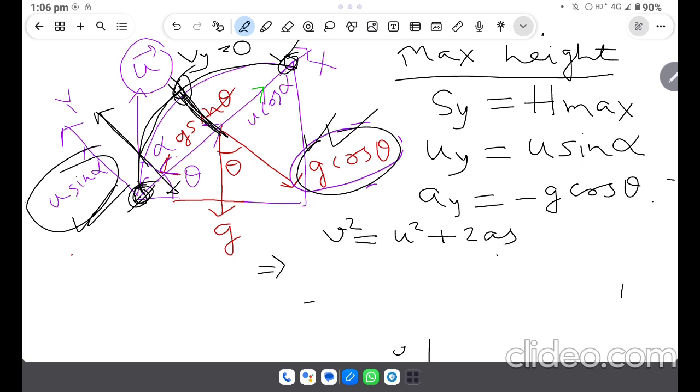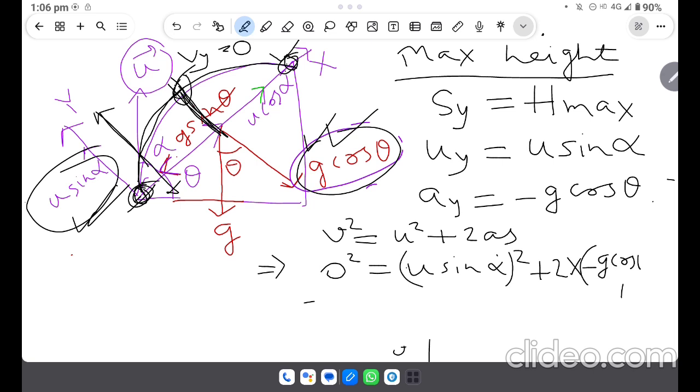Here v is 0, u is u sin alpha, so (u sin alpha) square plus 2 multiplied by a, which is minus g cos theta, multiplied by s, that is h max.